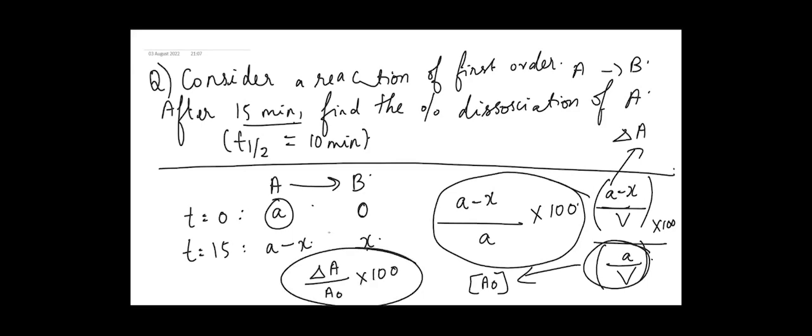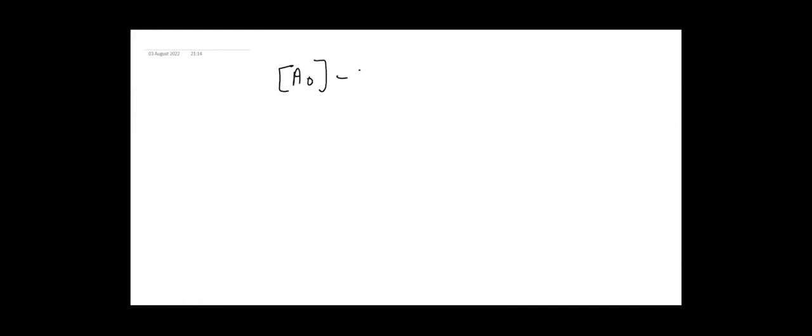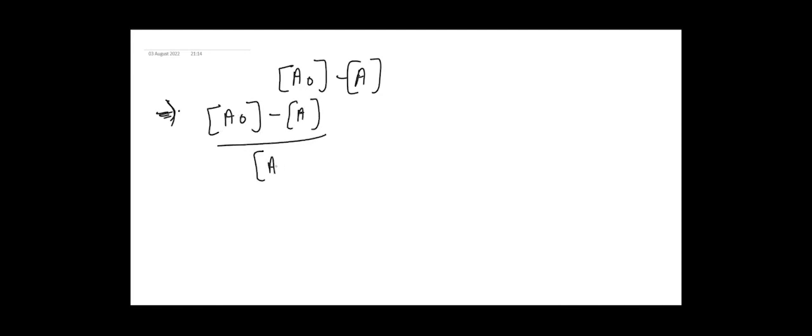So we are asked to find delta A by A naught times 100. Now this delta A we can further write as A naught minus A. So the solution becomes A naught minus A divided by the initial concentration A naught times 100.